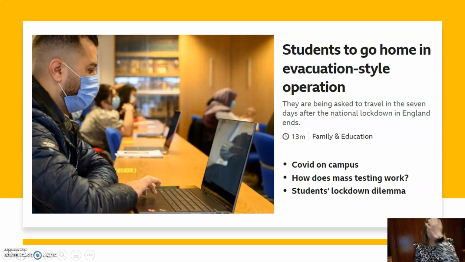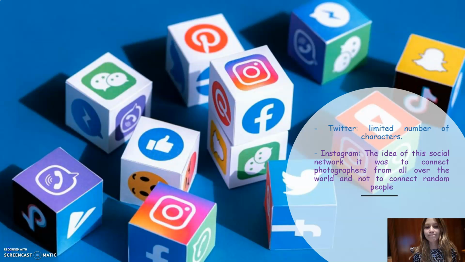So now we're going to move to social media and how these networks are having a great influence on the way we broadcast information nowadays. When we're talking about Twitter, for example, we can see that we have a limited number of characters to write in a tweet. So we are limiting our idea, the information we're giving to others.